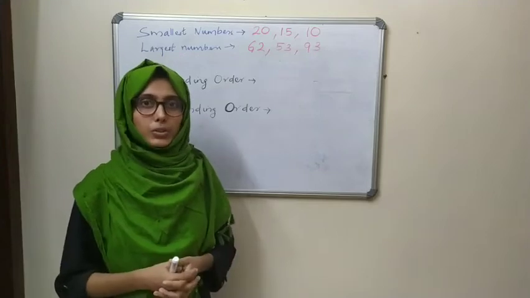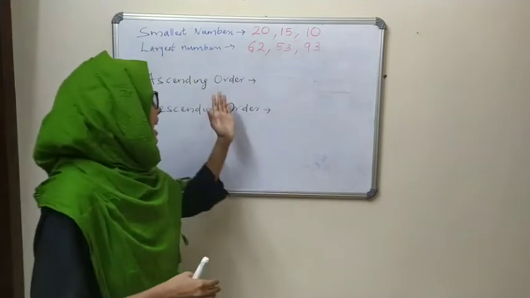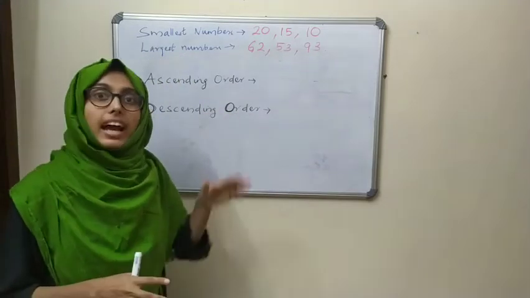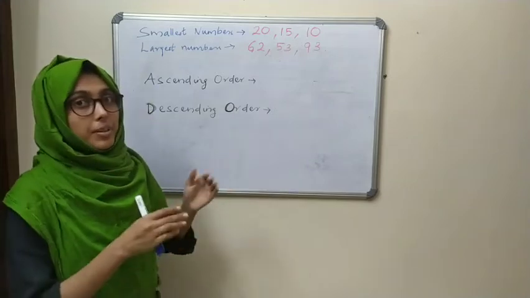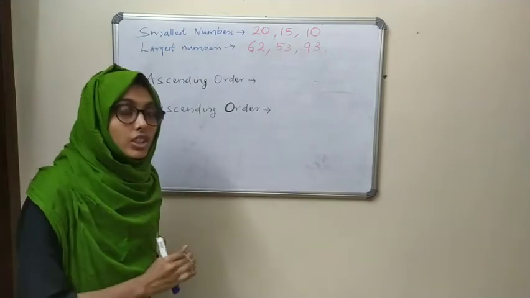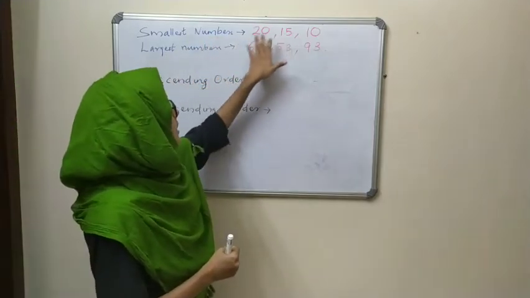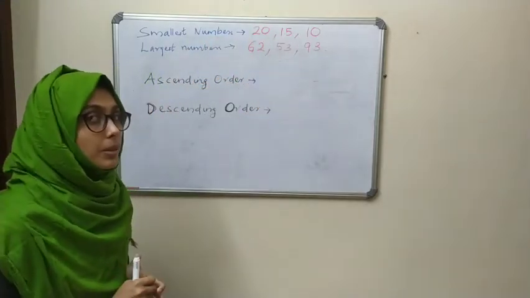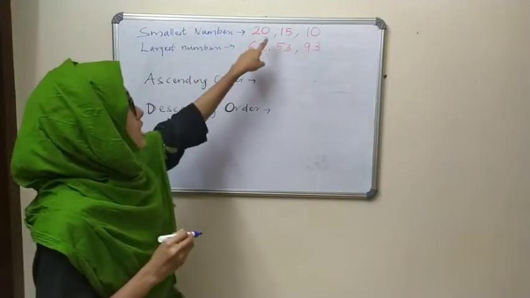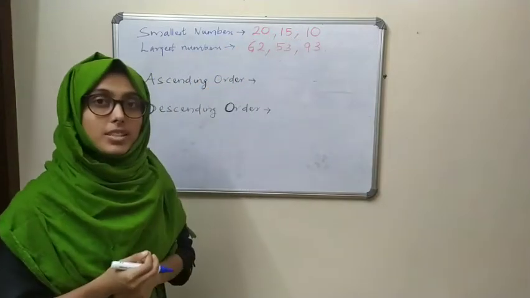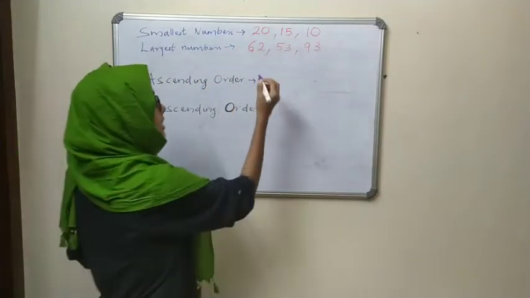Now we are going to write the numbers in the ascending and descending order. Ascending order means from the smallest to the largest. Okay. So here tell me which is the smallest number. 20, 15 and 10. Which is the smallest number? 10, isn't it?